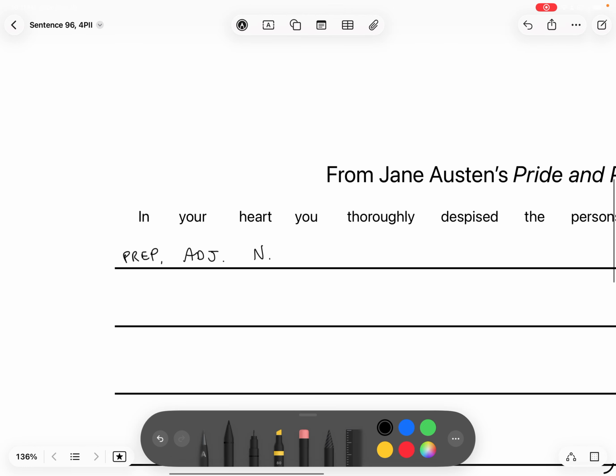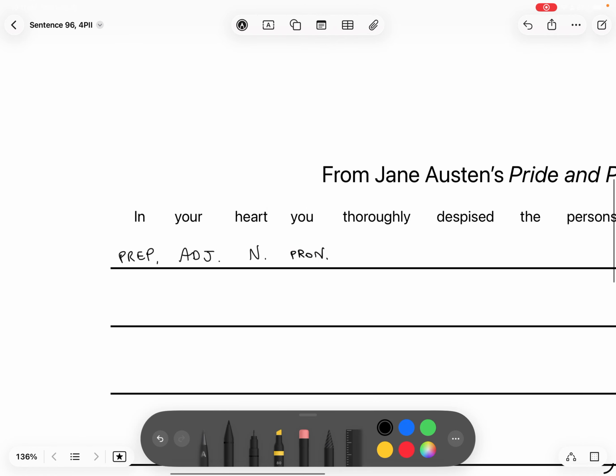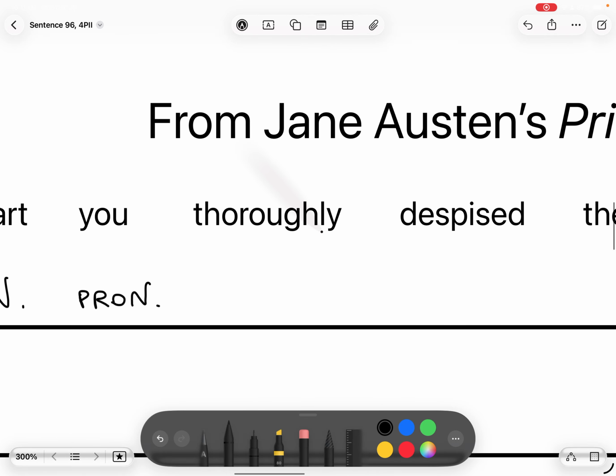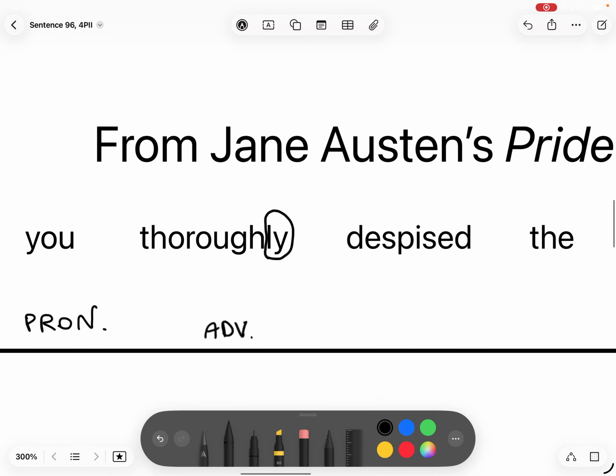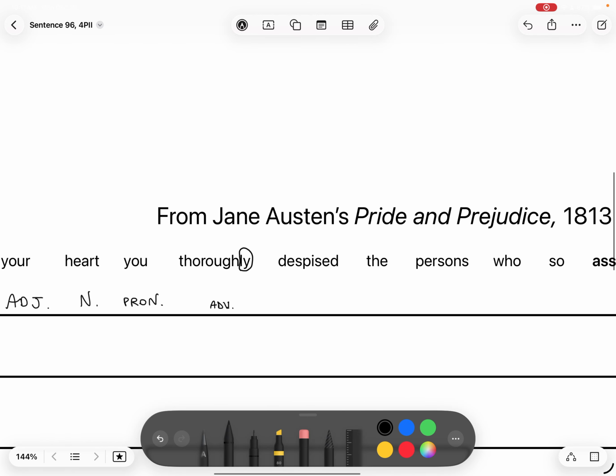Next we have you, which is a very simple and very ordinary pronoun here, second person pronoun. Thoroughly, now here we know, looking at the ly, that's one way you can tell immediately that thoroughly is an adverb. But another way, you can look at the rest of the sentence and the coming words, despise the persons.